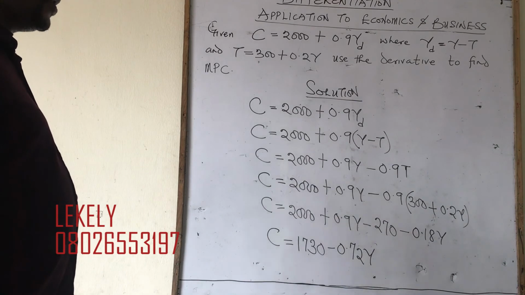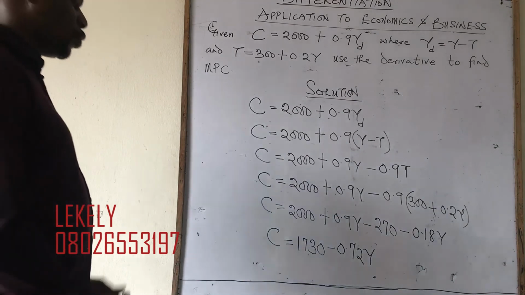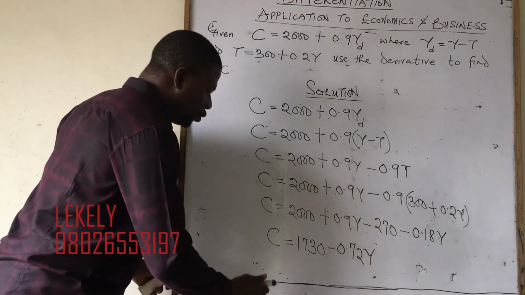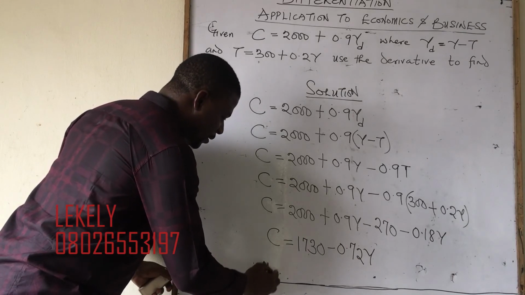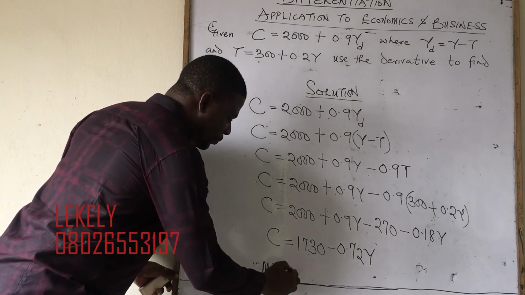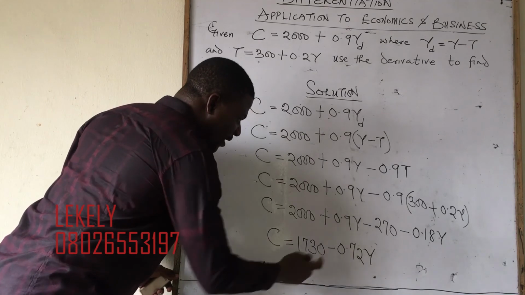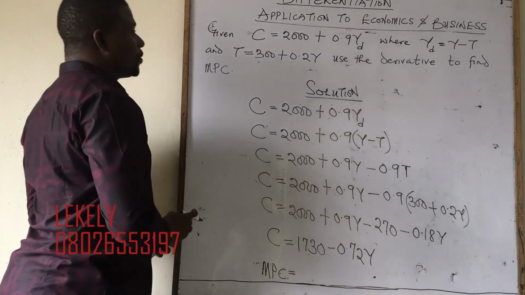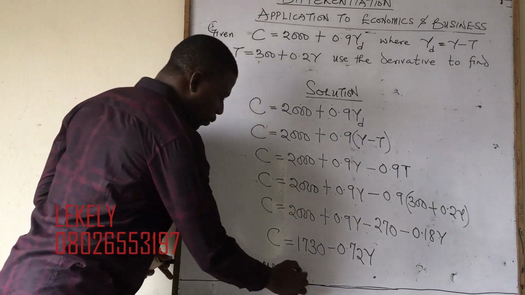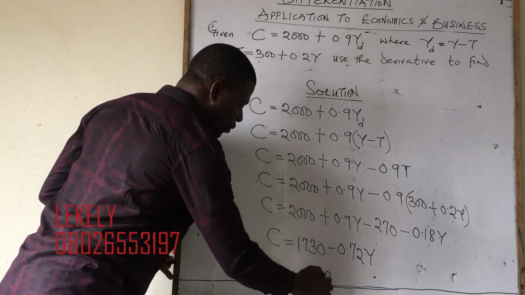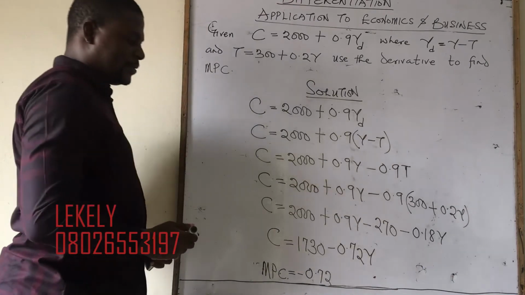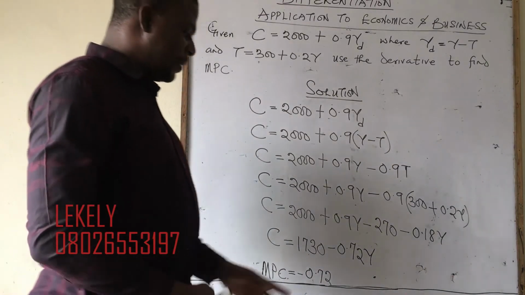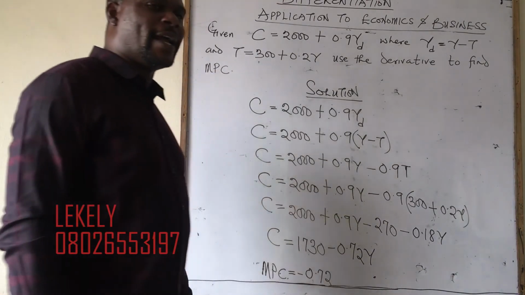So if you have 0.72Y, from here your MPC, marginal propensity to consume, is 0.72. That is the coefficient of Y. Don't forget, MPC is your coefficient of Y.